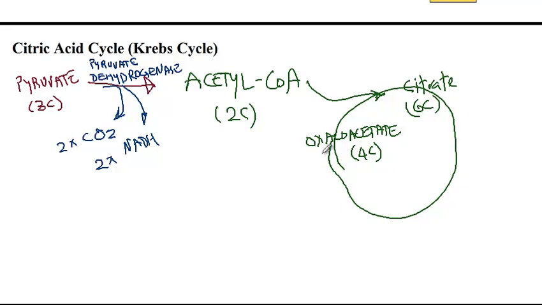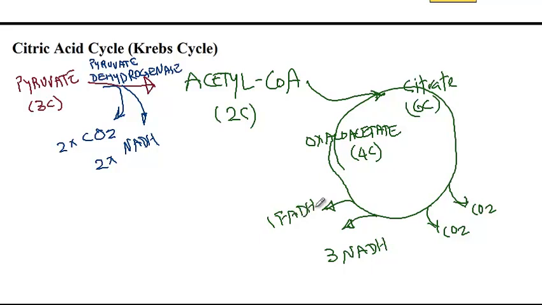And then through a series of reactions that goes through here, the 2 CO2 will be released. So the cycle repeats because we got 2 carbon here, but then 2 CO2 are released, so the 4-carbon oxaloacetate will be regenerated eventually. 3 NADH will be produced, 1 FADH2 will be produced, and 1 GTP or ATP will be produced.